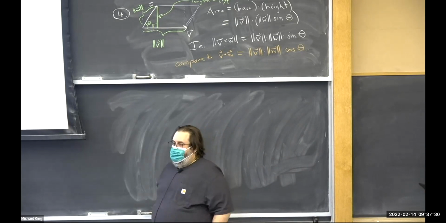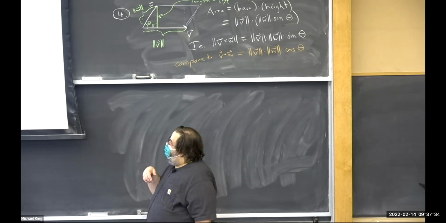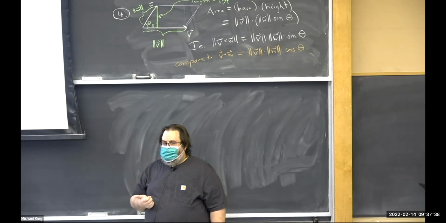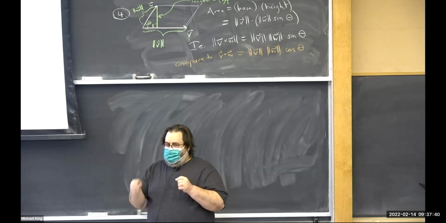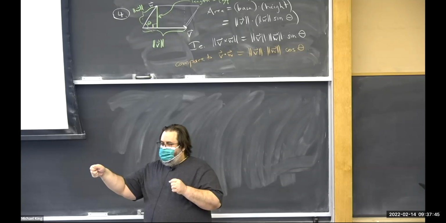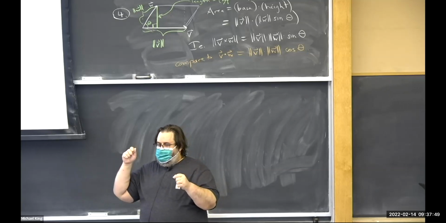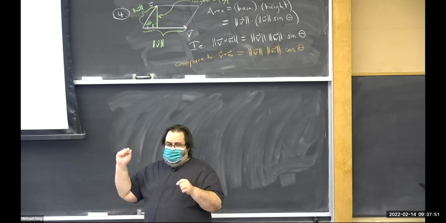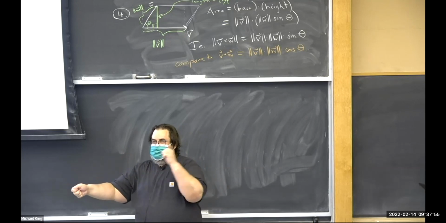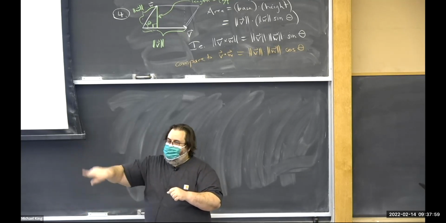I thought of this metaphor yesterday when I was typing some notes for myself, that it's like rock, paper, scissors. Paper beats rock, rock beats scissors, but paper doesn't beat scissors, right? Scissors beats paper. So you get this kind of looping effect.